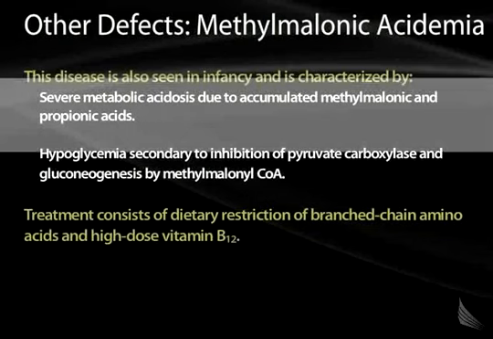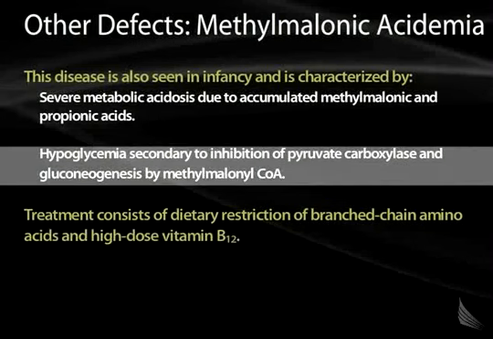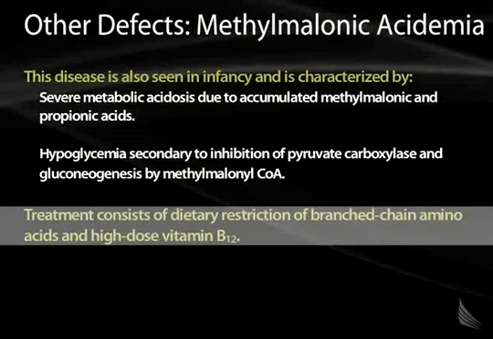This disease is also seen in infancy, again characterized by severe metabolic acidosis, by accumulation of methylmalonic acid and propionic acid. There's also hypoglycemia, which is secondary to inhibition of pyruvate carboxylase and gluconeogenesis by methylmalonyl-CoA. Again, the treatment is the same as in the others we've talked about, dietary restriction of branched-chain amino acids and high-dose vitamin B12 to maximize residual activity.